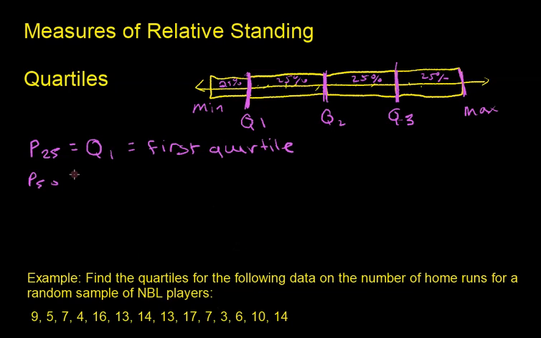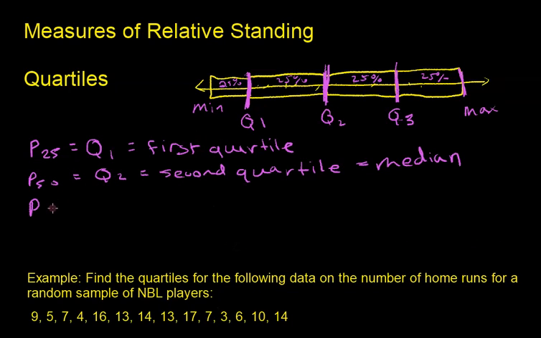So P50 is the second quartile, and 50% of the data is behind the second quartile, and 50% of the data is also in front of it, which means that the second quartile is the median. It's halfway through the data. So the second quartile is also the median.